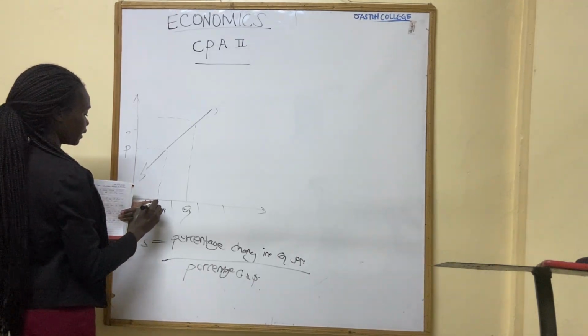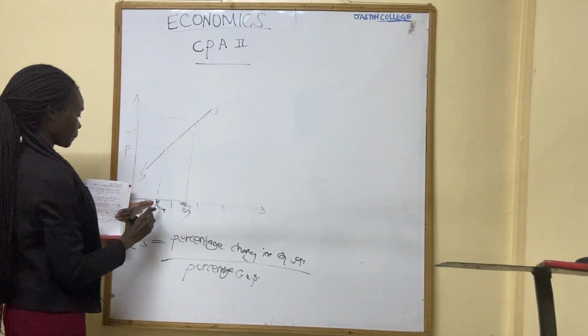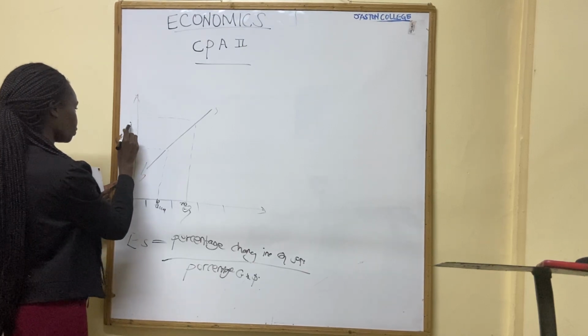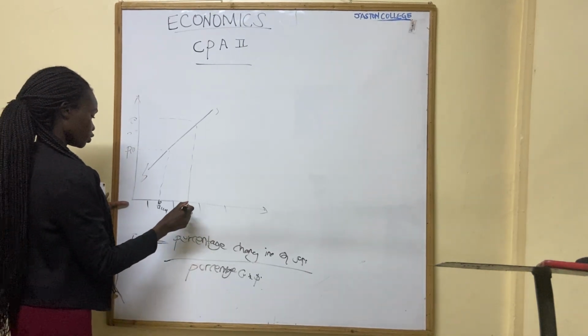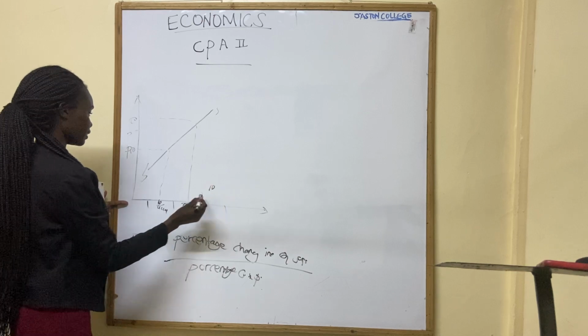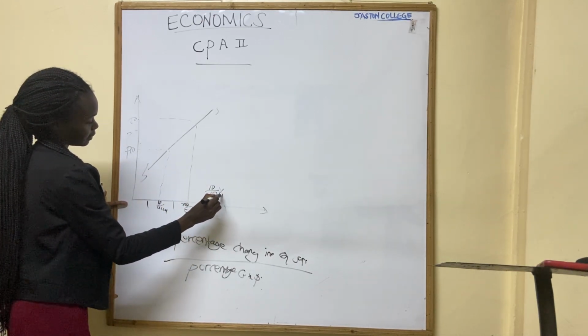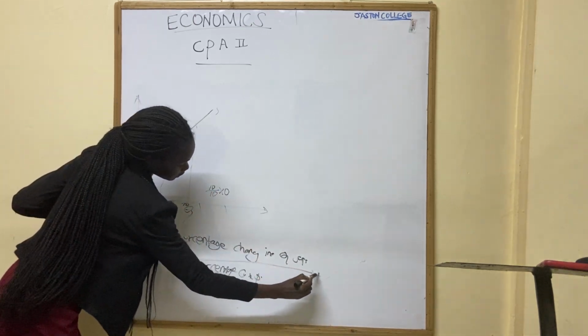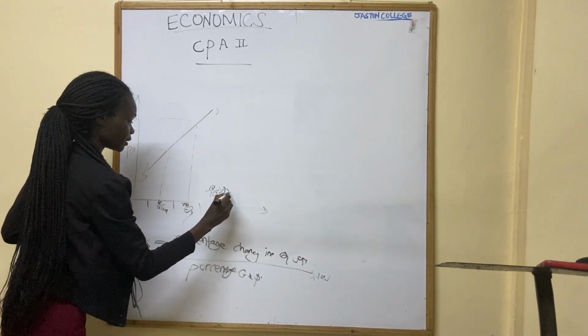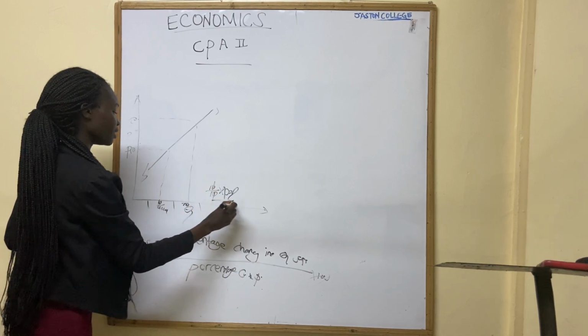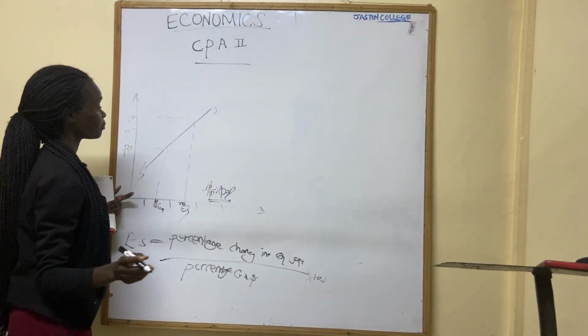Let's say this is 10, this is 20. This minus this is 10, and this minus this is also 10, times 100%. So the percentage change is 100%.